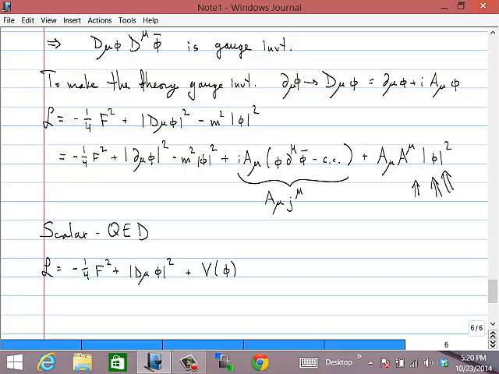Then if that potential had a minimum where phi was not equal to 0, okay, then that means that at leading order, near the minimum of that potential, it would look like this electromagnetic field had a mass.